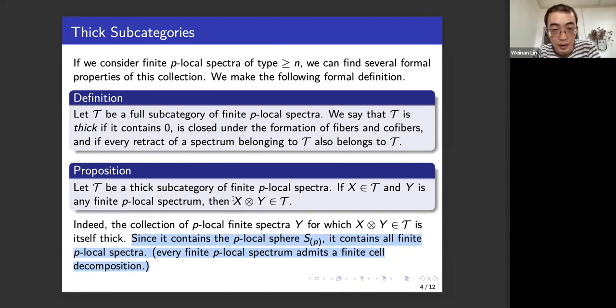The reason that if X is in T, X tensor Y is also in T is because Y is a finite spectrum, and therefore you can slowly build up X tensor Y by taking cofibers inductively, according to the gluing maps of Y. Because you can decompose Y by skeletons, you can add one cell at a time, and then you slowly build up X tensor Y. So that's exactly the same idea here. Okay.